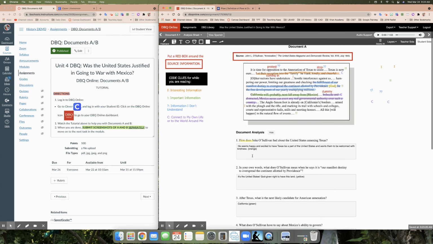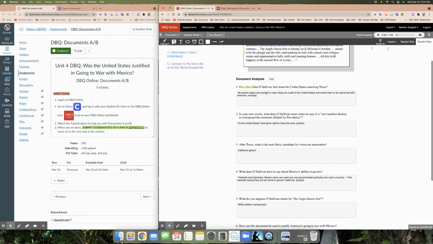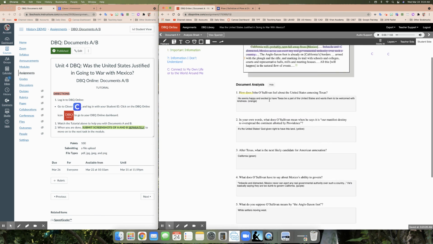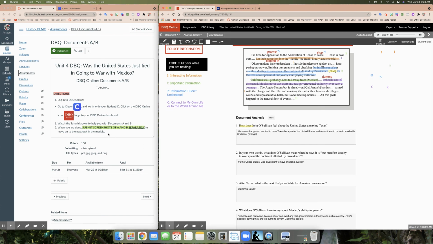Instead, change your colors around and then make sure you tell me in your answer what color goes with what answer. Okay, so again, just as I did for here, I've shown that the orange goes with that answer, the yellow, and so on. So I'm going to add that direction.